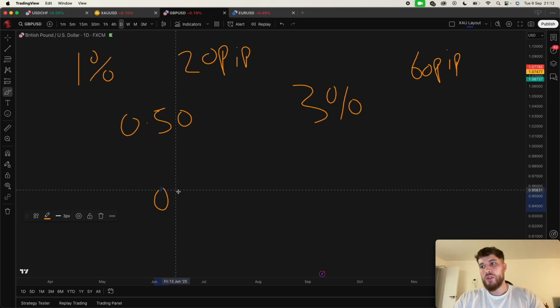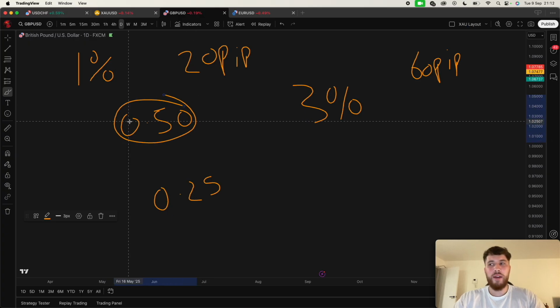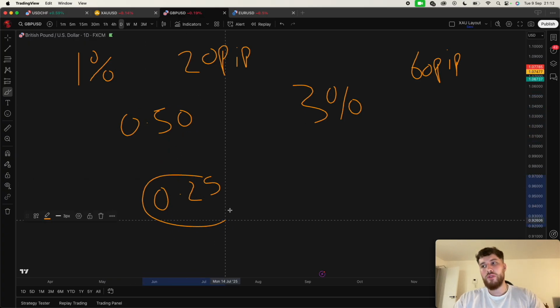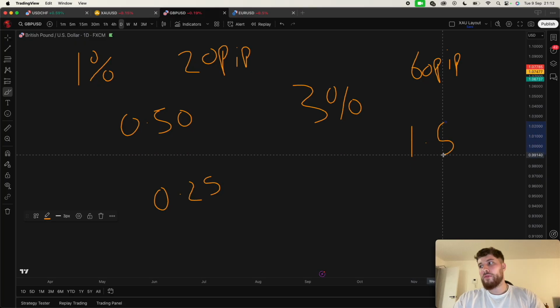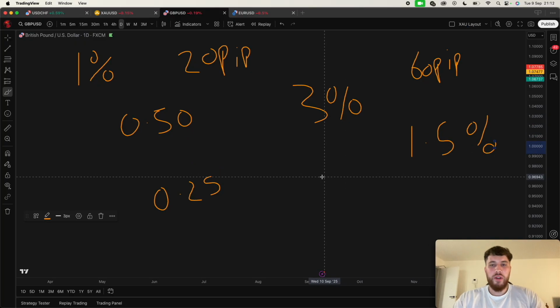So we close 0.25 of the trade. Why? Because our overall position was 0.5. Half of that is 0.25. That guarantees our 1.5% profit whilst allowing price to continue to go on and generate further profits.